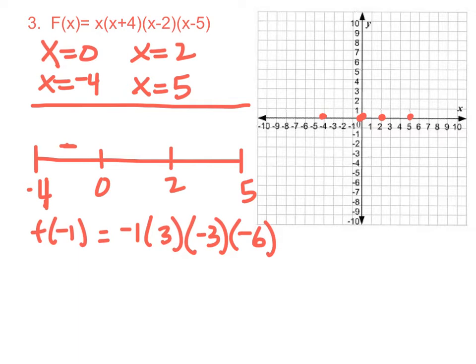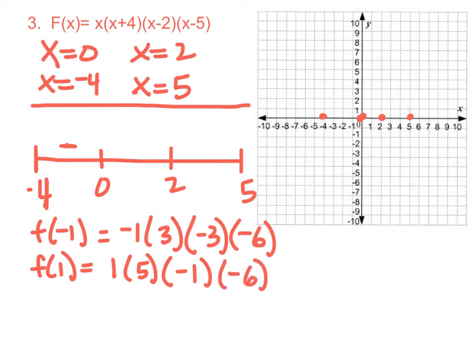All right, so then let's do, how about f of +1? So if I put in +1, I get 1 times 5 times -1 times -6, right? Oops, actually that's -4. Sorry about that, that's -4. But it doesn't really matter because we've got 2 positives times 2 negatives, which would be a positive number.